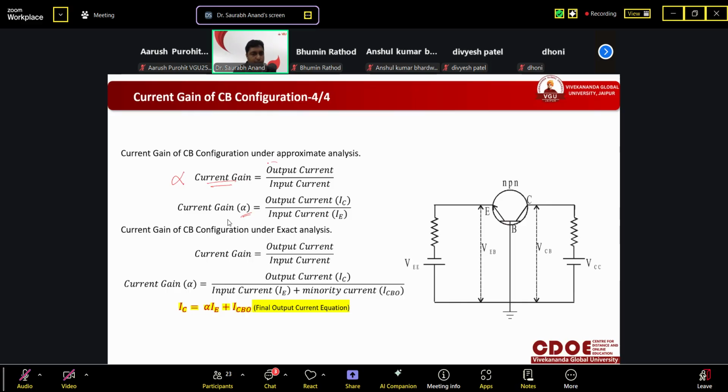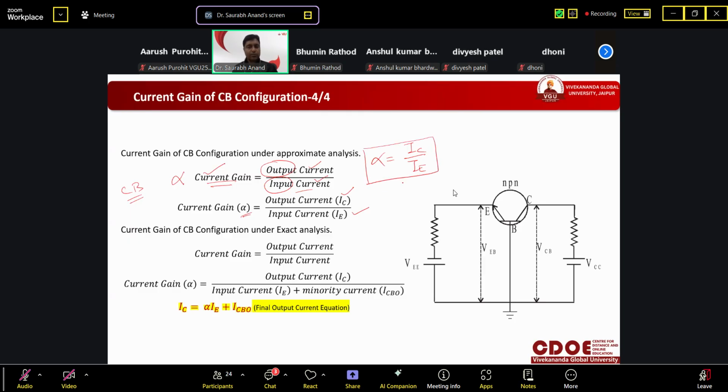Gain is output upon input, but it is current gain, so we will write output current upon input current. In common base configuration, the output current is IC and the input current is IE. So alpha is equal to IC upon IE. This formula is useful for numericals also.